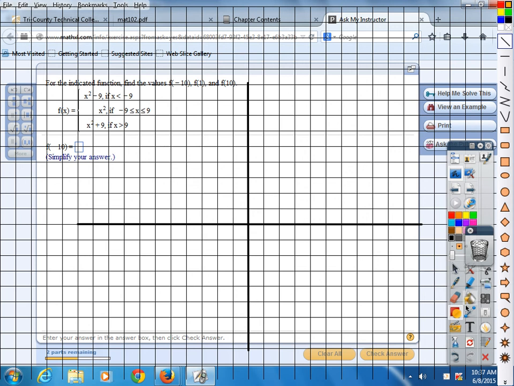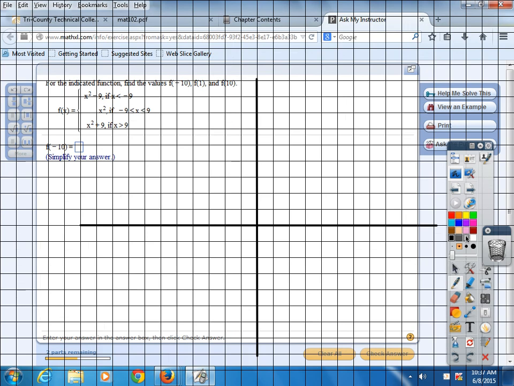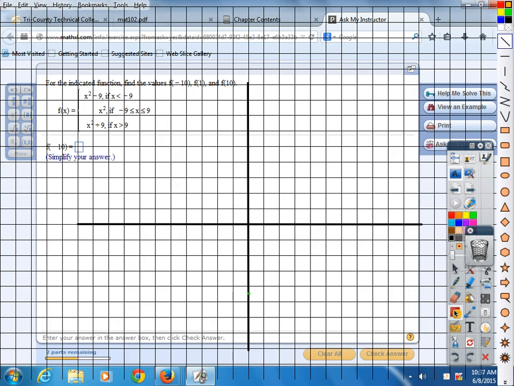Let me just put a green dot, and make it a little bit bigger. 2, 4, 6, 8, 9. Right about there. And we know that the parabola looks like a parabola. Let's see if I can draw it. They have parabolas on this thing.